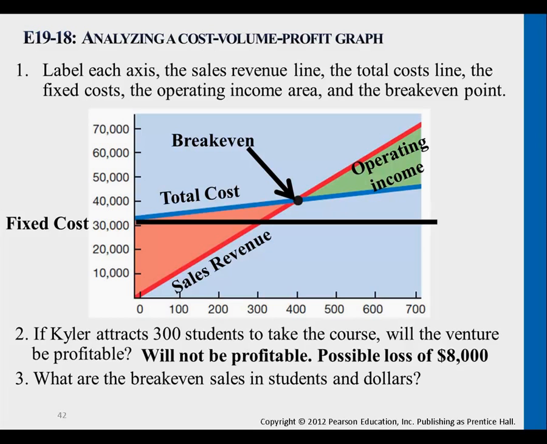What are the break-even sales in students and dollars? How do you know that it's 400? You go all the way down, right? Here it's 400, and then we go all the way to cost. Okay, to dollars, right? Axis. Okay, 40,000 in sales and 400 students. Good job.